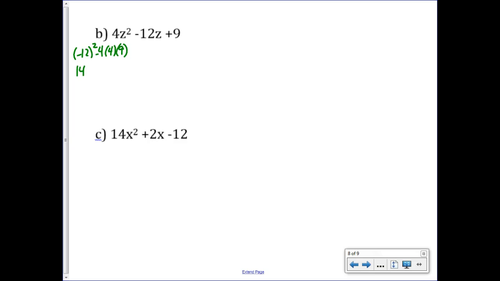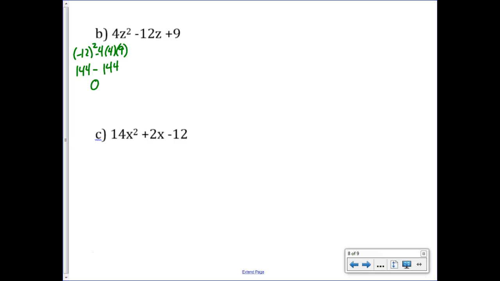So 144 minus, and then 4 times 4 times 9 happens to also be 144. So 144 minus 144 is 0. So that's an interesting thing to note, but our discriminant here is 0. So yeah, we can factor this.